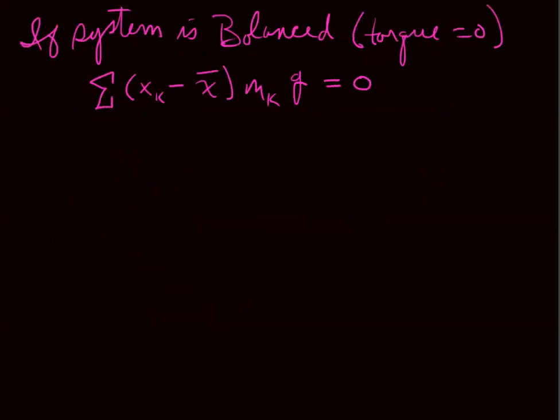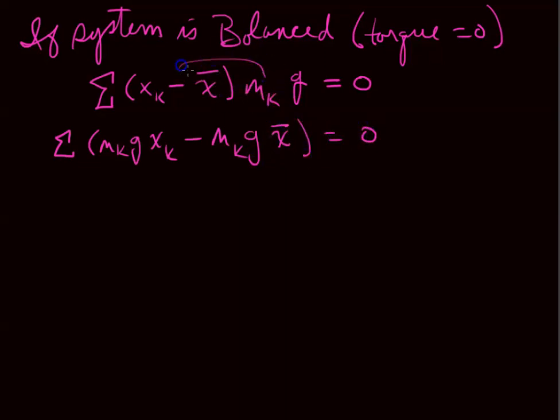So from that last page, if the system is balanced, if the torque is 0, then this summation, k going from 1 to n, will be 0. Let's do a little bit of algebra. If we distribute that m sub k times g, then we get summation of m sub k times g times x sub k minus m sub k times g times x bar.